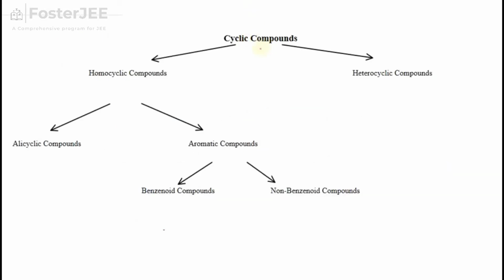So cyclic compounds are divided into two categories, that is homocyclic compounds, which means that these are the compounds having rings of carbon atoms only. That is why the homocyclic compounds are known as carbocyclic compounds, because they are formed by the rings of carbon atoms only.